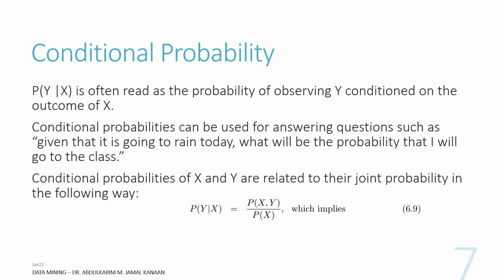Conditional probability can be used for answering questions such as: given that it is going to rain today, what is the probability that I will go to class? Or, building on the previous example, given that I'm going to be late for class, what is the probability of having a surprise quiz?